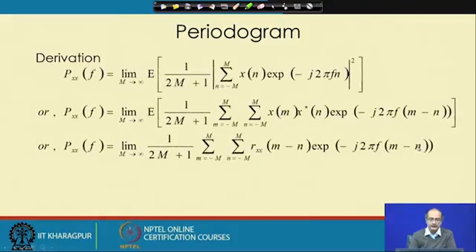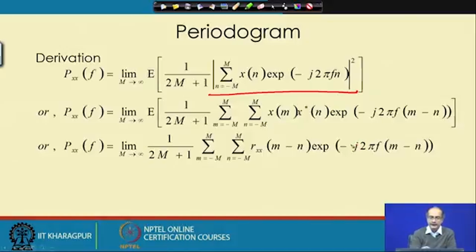So, for that we actually do the derivation. First we take the periodogram formula, where we have taken the mod square. So, mod square can be represented as this simple quantity multiplied by the conjugate of that quantity. Okay.